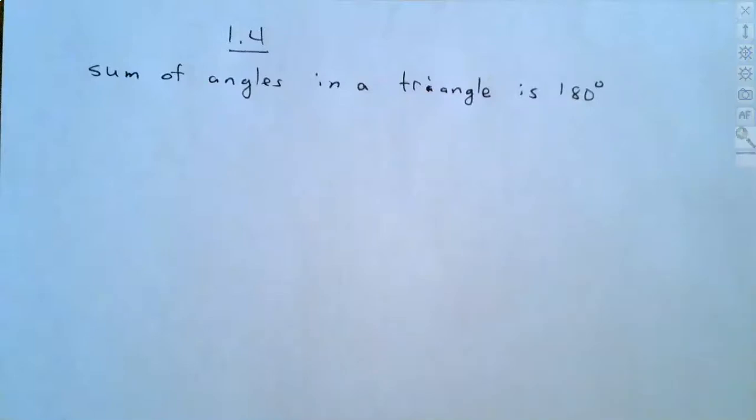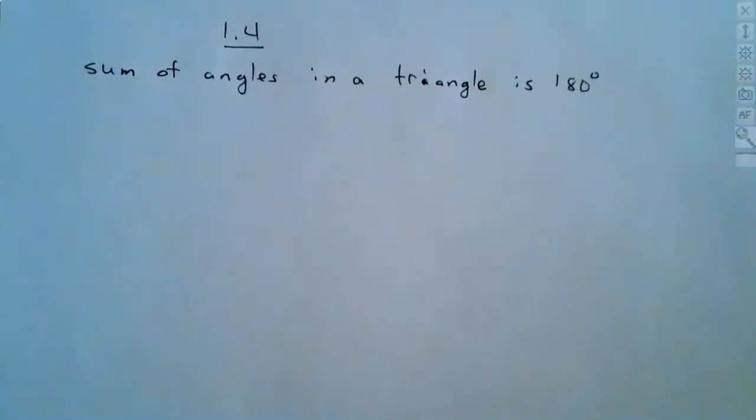So we know when we add up all the angles in a triangle, it's going to add up to be 180. So we'll do 2 of these, and then we'll look at some different angles.